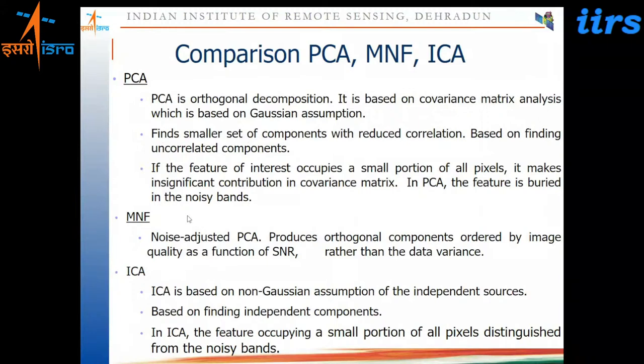In geological applications, an exposed area or geological feature may contribute to only a very small part of the image. If we go for PCA, it may be buried in that component, whereas with ICA, those pixels can be distinguished using independent component analysis.